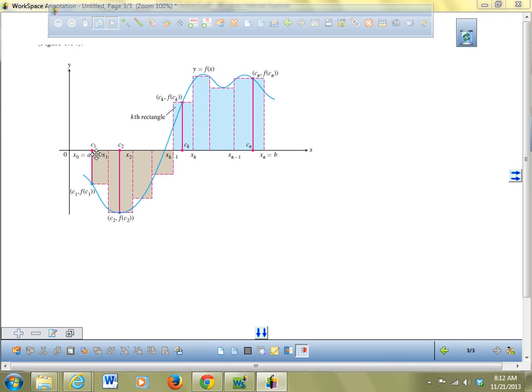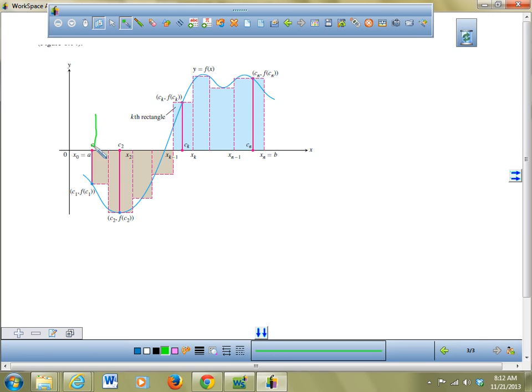Notice in this case they're using a left endpoint rectangle, aren't they? And in this one they're using a midpoint rectangle. You see that? Over here they're using a midpoint rectangle, and over here as well. So c stands for the value in that interval that you're using to compute the height of that rectangle.